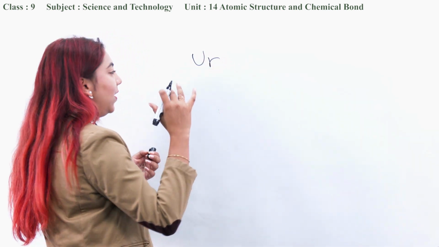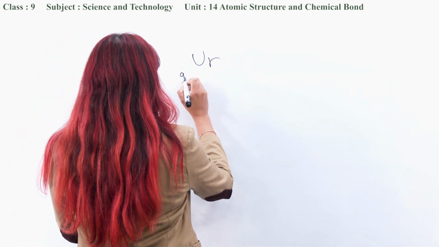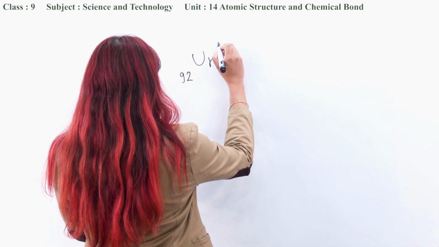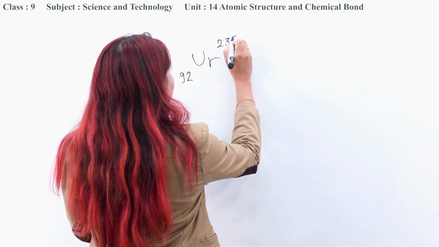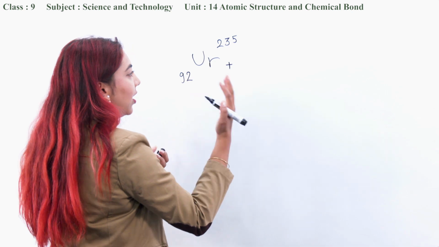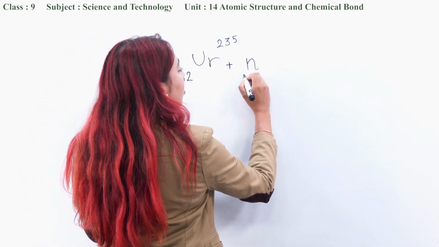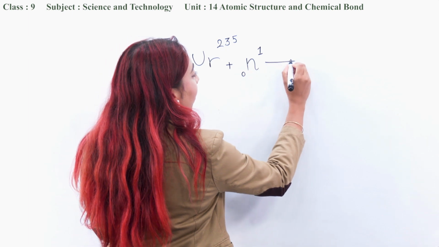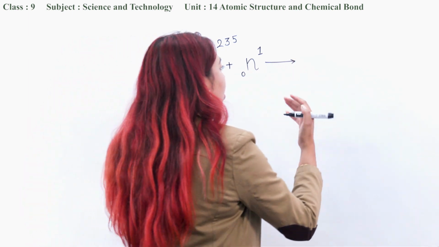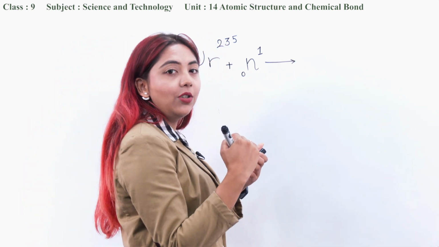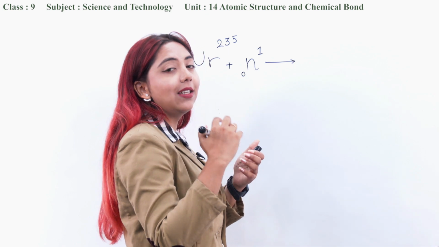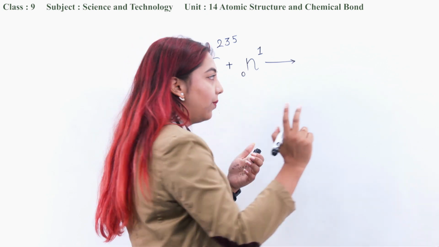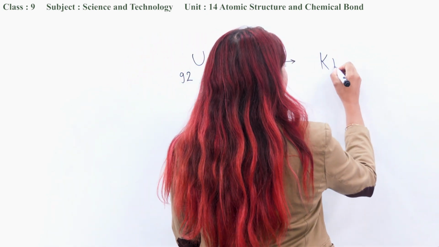Uranium, a very heavy nucleus, has the atomic number 92 and atomic weight of 235. When it is bombarded by a high-speed neutron, a chargeless particle, what happens? It breaks down into two smaller nuclei, that is, krypton and barium.